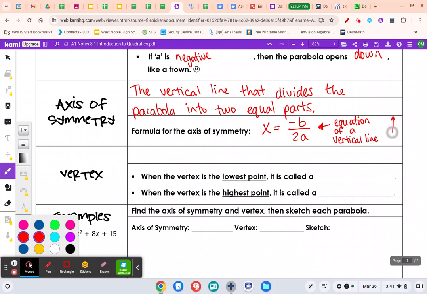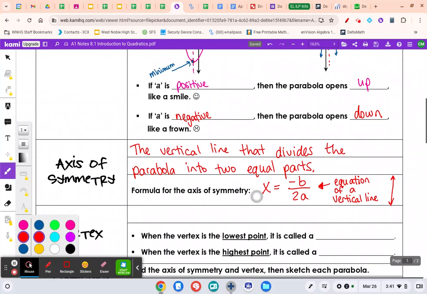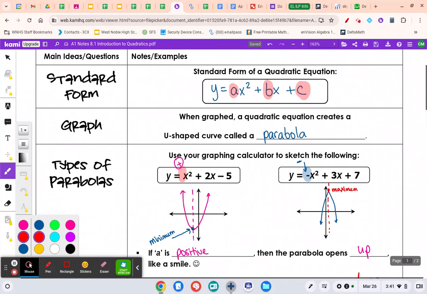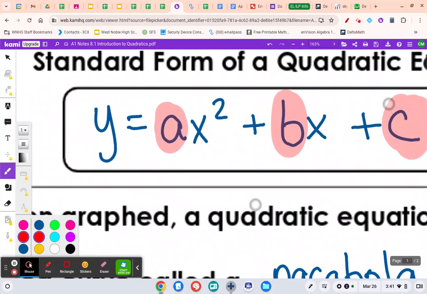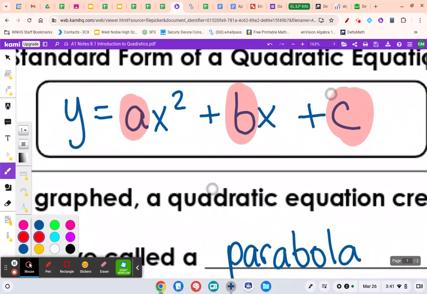So the axis of symmetry for our parabolas will always be a vertical line, and we find it by using a and b from our standard form formula.